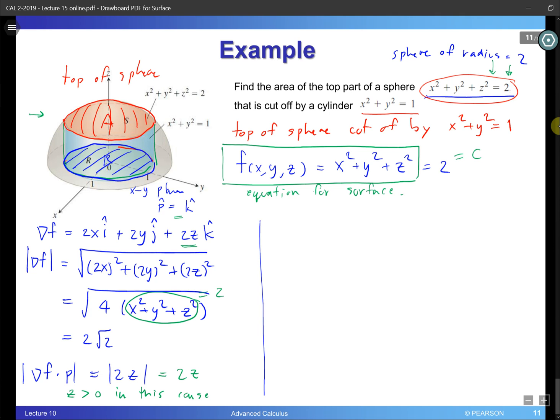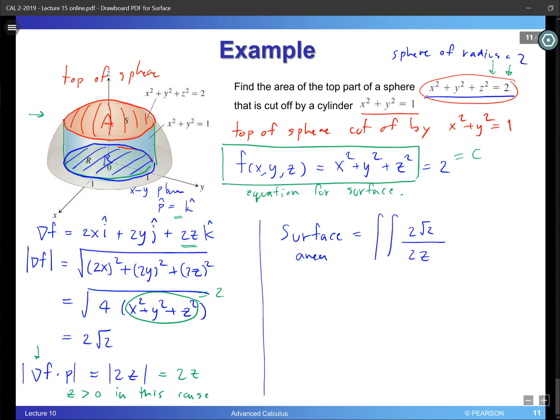Now, here comes the formula, surface area. It's going to be equal to the double integration of the absolute value of gradient of f divided by the absolute value of gradient of f dot p. So in this case we have 2 square root of 2 divided by 2z.